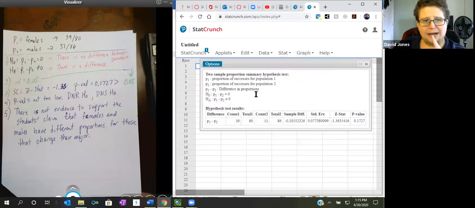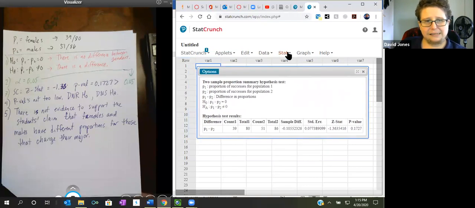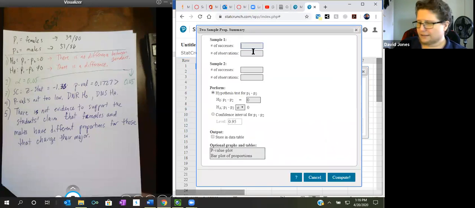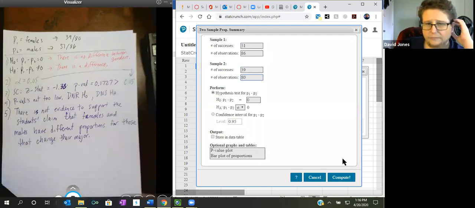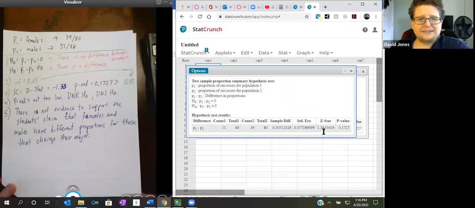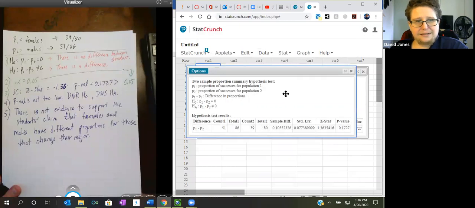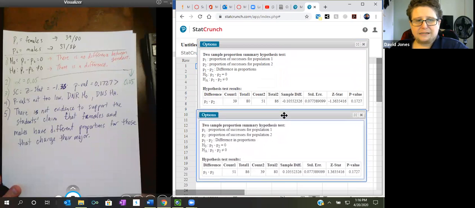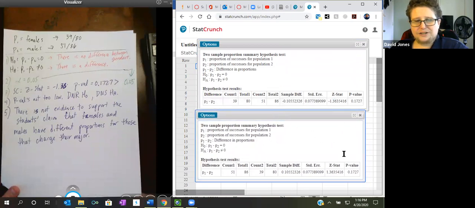And I'll show you when you have the inequality like this, let's make P1 the males and P2 the females. The only difference is the z-stat changes sign. Notice that? The z-stat changes sign.